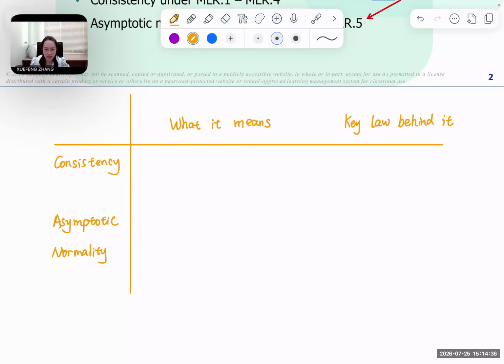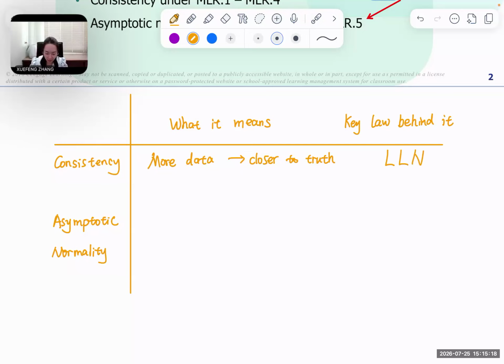The first one, consistency, means that more data gets closer to the true parameters. Okay, more data, closer to the truth. The law behind it is the law of large numbers, which is LLN.